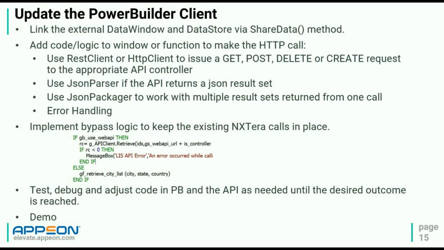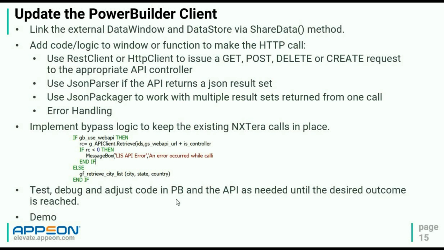So we did that by adding some bypass logic. We have a global variable that's set from the ini files to whether or not they're using the API or Nextera, and depending on that, either call the API or make a call out to Nextera accordingly.